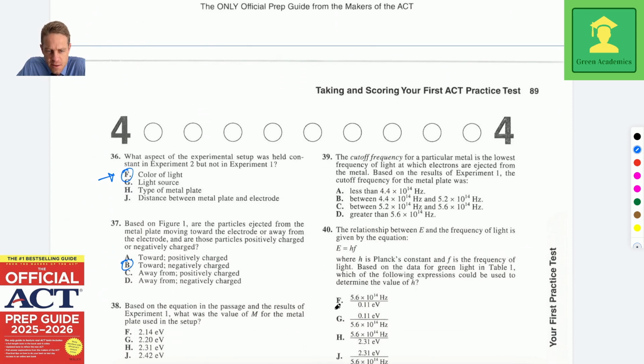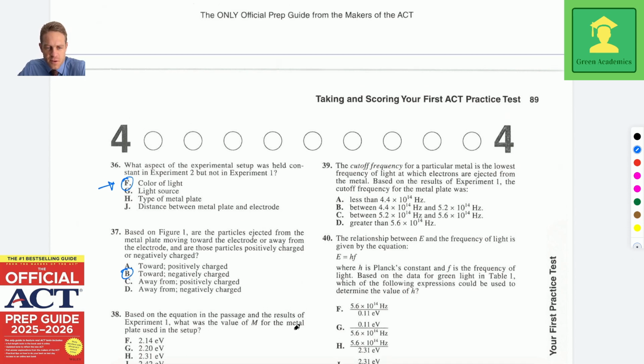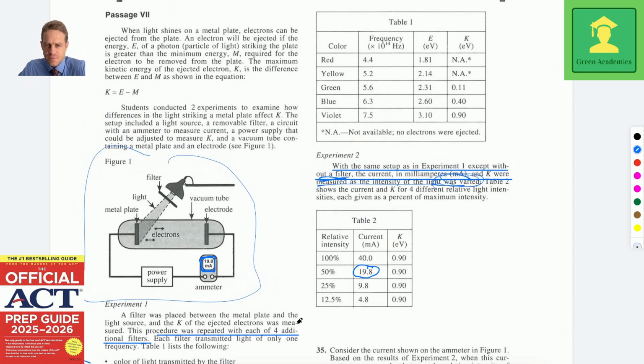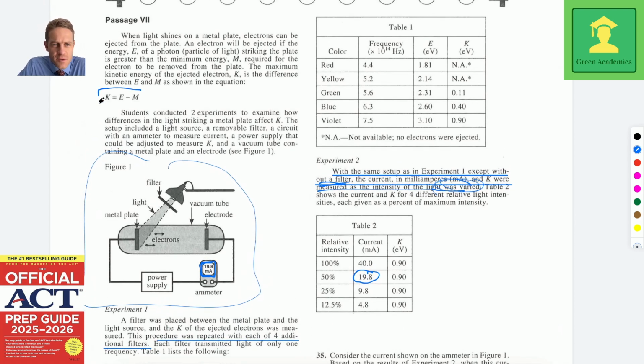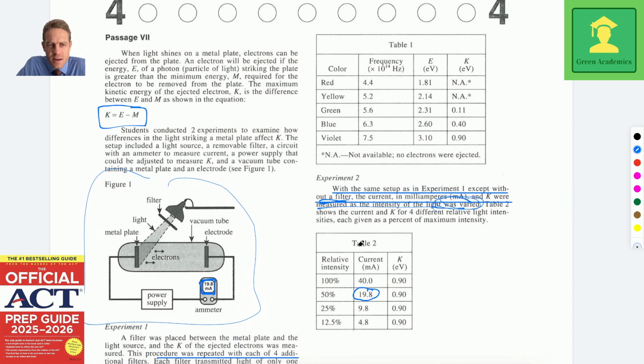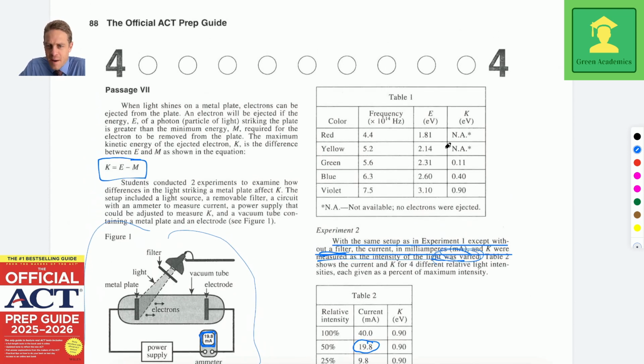Based on the equation in the passage and the results of experiment 1, what was the value of M for the metal plate used in the setup? The equation in the passage and the results of experiment 1. What was... so it must be this. K is E minus M. So I'm going to try to use one of these.